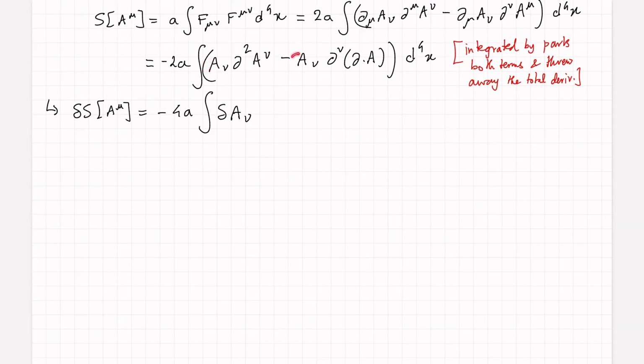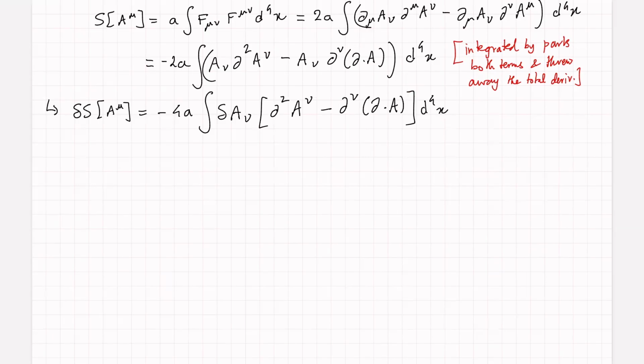And similarly here, one's variation will hit this term, and then there'll be another term where the variation hits this term. Both of them will give you the same contribution. So that's why this 2 becomes 4 times. And then this is del squared A_nu minus del_nu del dot A, and of course d^4x.